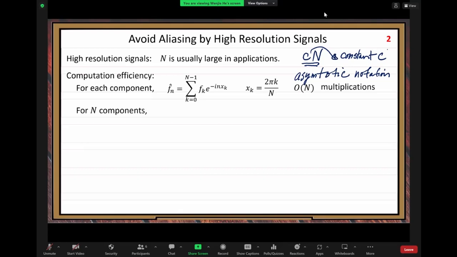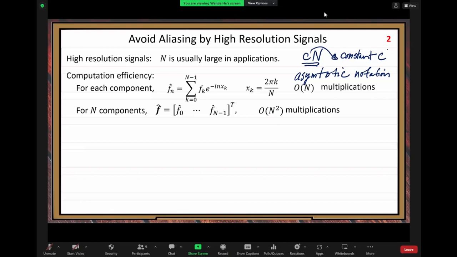Then how many multiplications do you need to calculate? Capital O of capital N squared. Because that's one component's cost, but now you have capital N of them. So you have capital O of capital N squared multiplications to do.